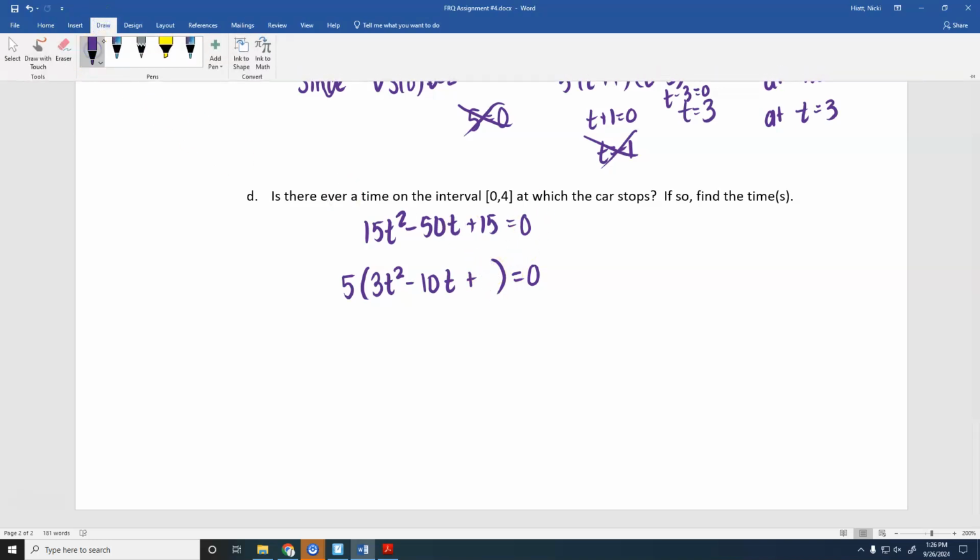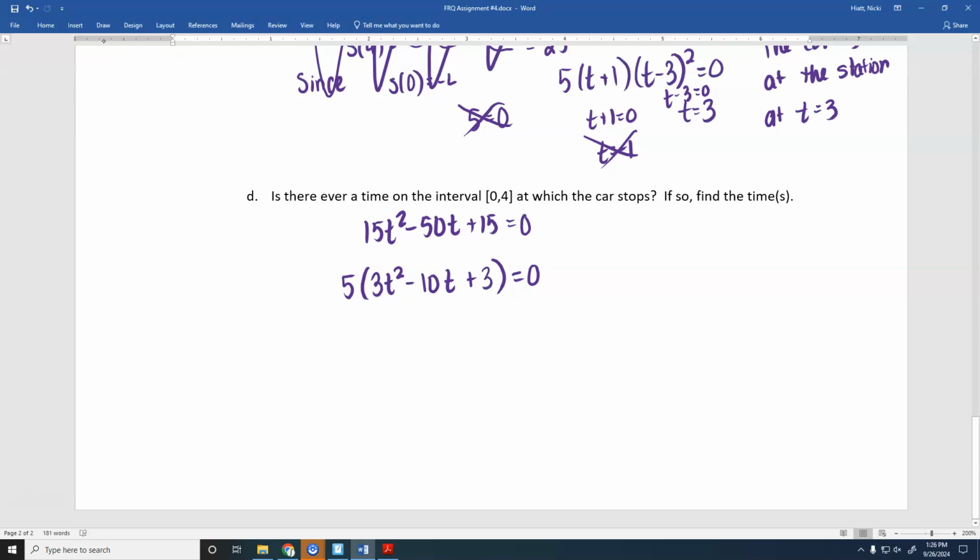All right, then, yeah, it'll factor. 3t and t, and if I do a negative 3 here and a negative 1 here, if I multiply it back, 3t times t gives me 3t squared. I'll get negative 9t, negative 1t, and then positive 3. So this will work.